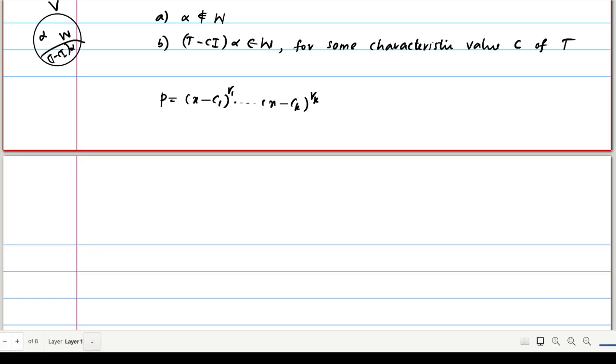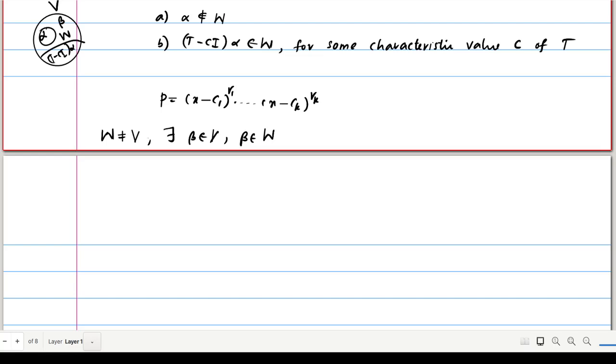In order to get an alpha satisfying this condition, we start with a beta. Since W is not equal to V, there exists a beta belonging to V that does not belong to W. So we start with an arbitrary element, and from this we will get the candidate alpha satisfying these things.